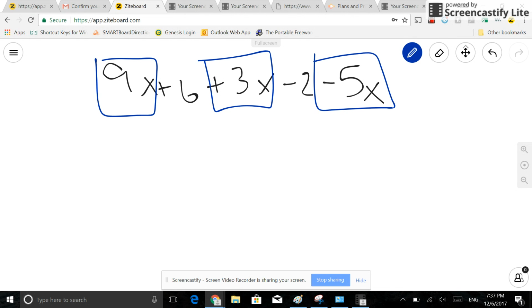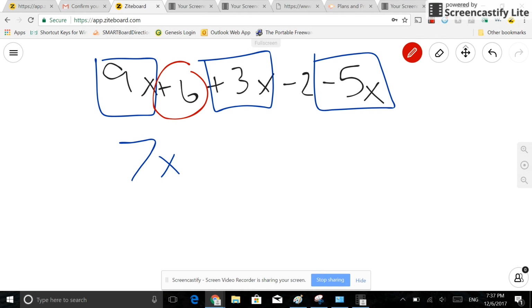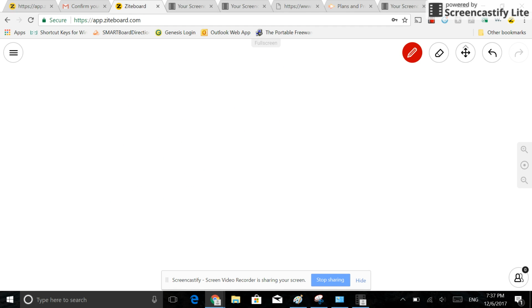So 9 plus 3 is 12x, and then minus 5 is 7x's. And then we have this positive 6 plus a negative 2, which gets you a positive 4, or a plus 4. So our final answer for this would be 7x plus 4, and you can't go any further than that. That would be your final answer.